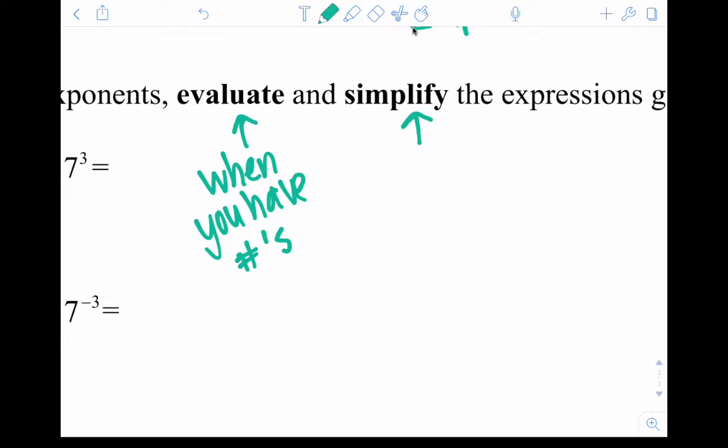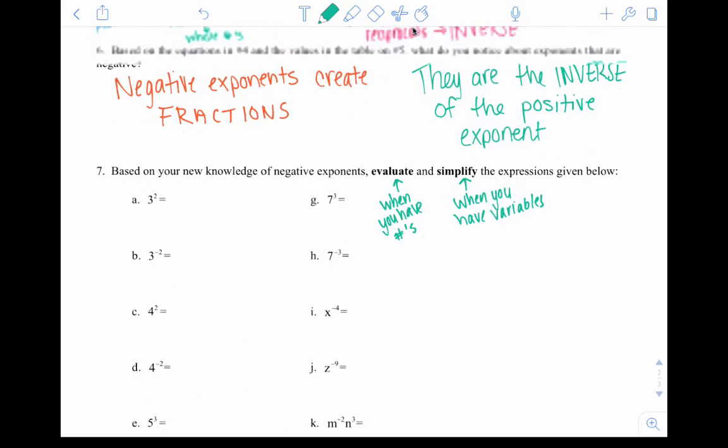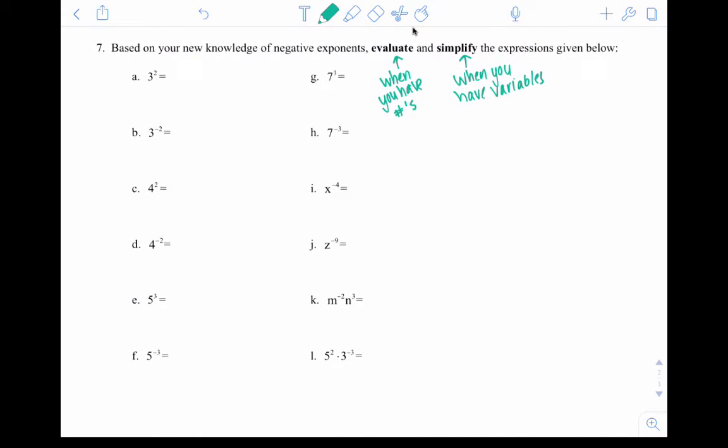Simplify is when you have variables, because you cannot get a specific number as an answer. So now go ahead and pause this video, work through these, and then play the video and the answers will pop up. And then that is it for this fast growing plant activity.